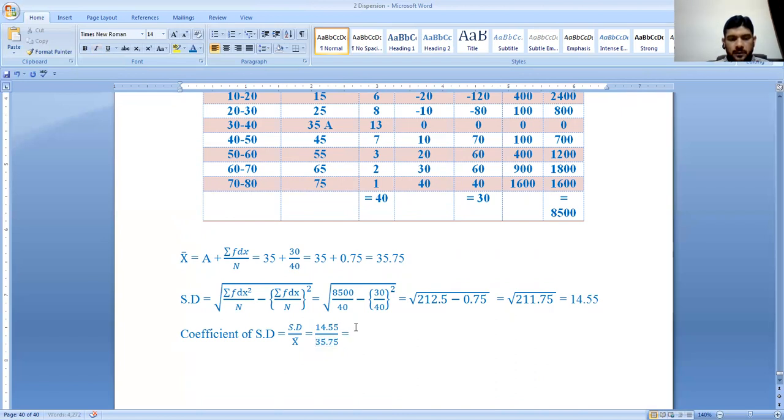Now we have to divide: 14.55 divided by 35.75 is equal to 0.407.